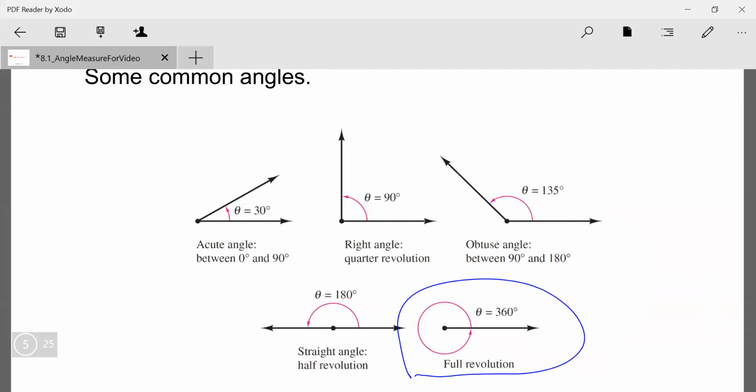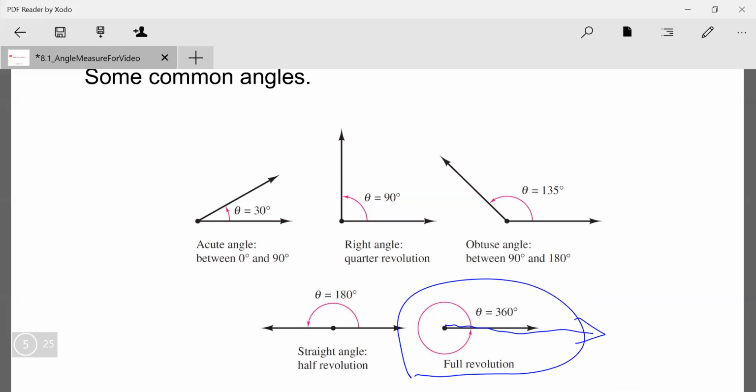Suppose we have an angle where the initial side is the same as the terminal side. In other words, we have a full circle, or full revolution. Then we know that the total measure is 360, the measure of a full revolution.